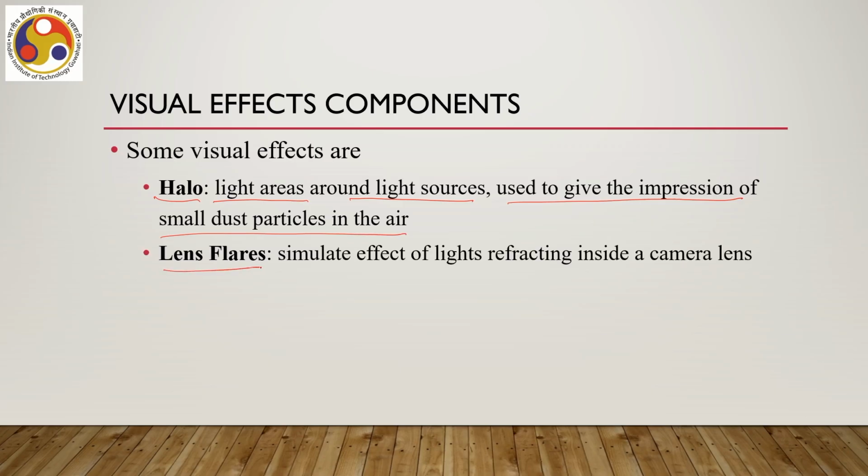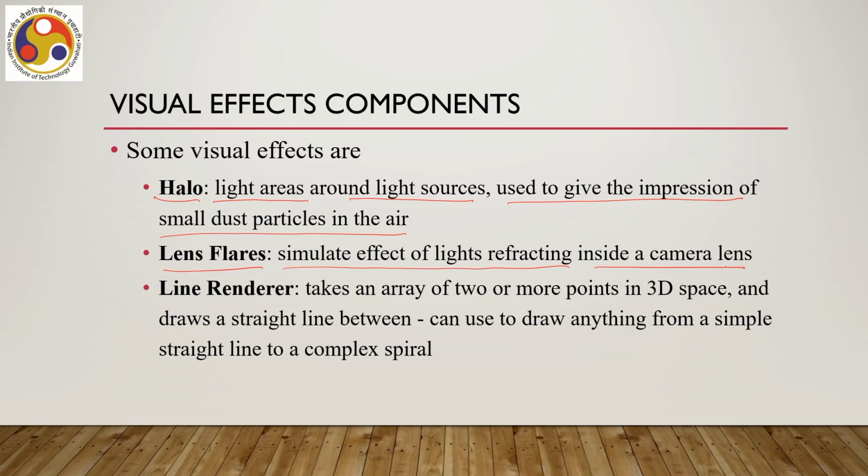Then we can have lens flares effect. This simulates the effect of lights refracting inside a camera lens, and line renderer effect, which takes an array of 2 or more points in 3D space and draws a straight line between those points, which we can use to draw anything from a simple straight line to a complex spiral.